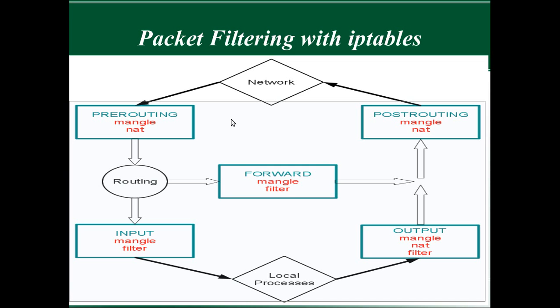So let's talk about these chains. If you are talking about this rectangle, it says your firewall. A network is outside your firewall. So finally what is happening is this is your internet or any external network. As soon as the traffic comes to your firewall, first of all it enters the pre-routing chain.